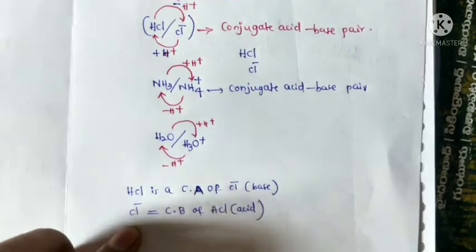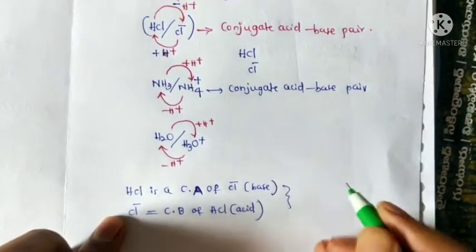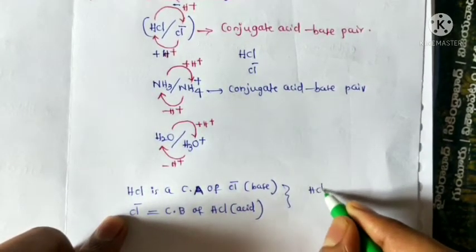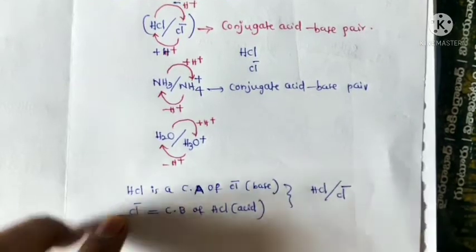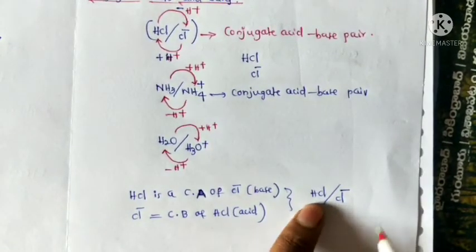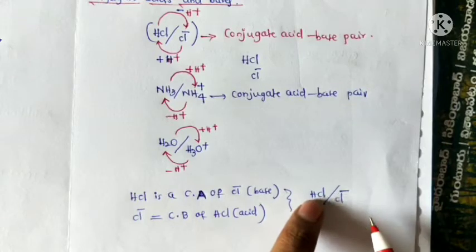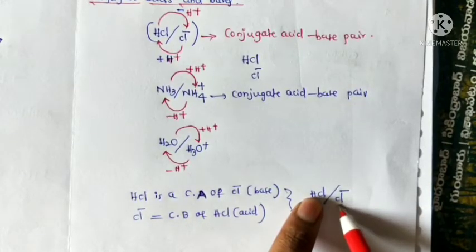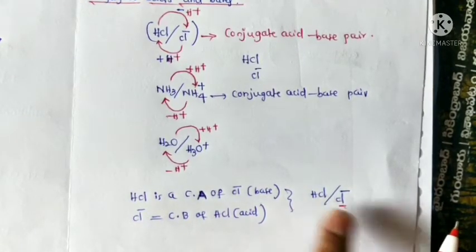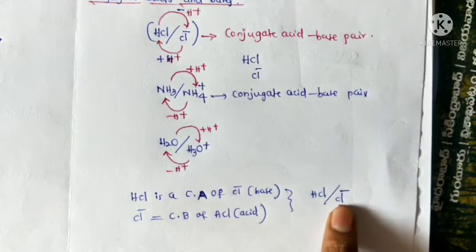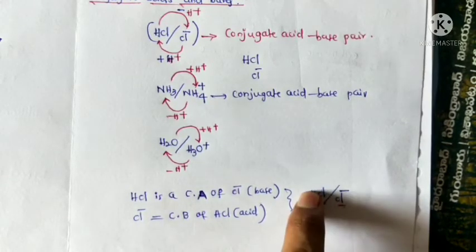How many pairs here? HCl and Cl minus. So HCl is the conjugate acid of chloride, and Cl minus is the conjugate base of the acid.